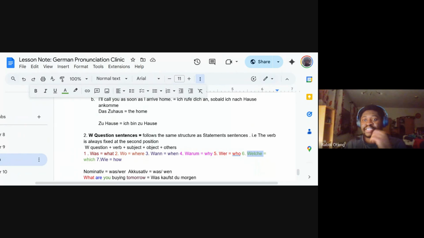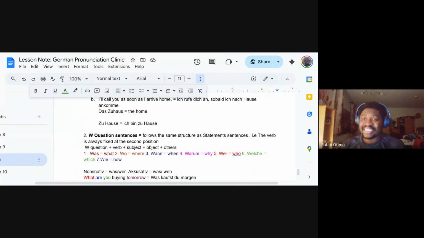So if I'm saying, which man do you see? You see which man? In this case, the man will be welchen Mann, because the man is accusative here, since I see the man. But if someone is asking me, which man do you see?